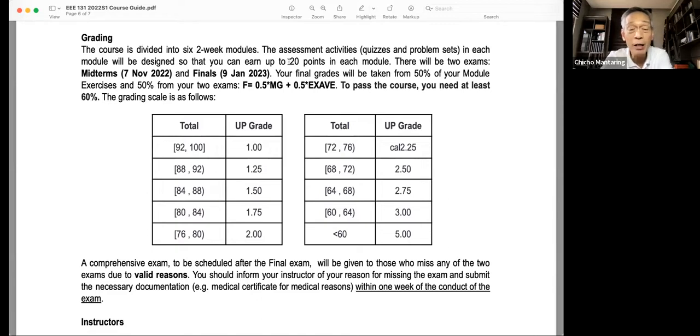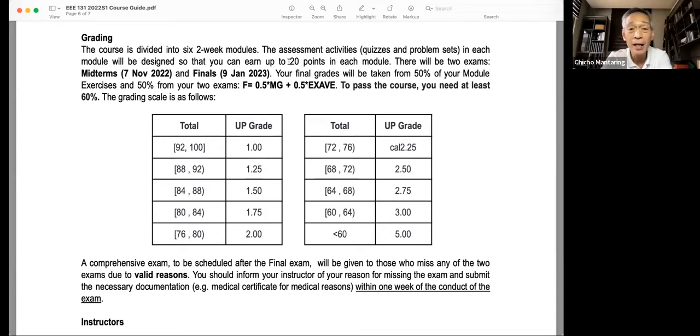The quizzes you take online. There's going to be a time limit for the quiz. The problem sets are offline, but you have to submit them through UVLE. And for this module work, you can earn up to 20 points per module. So for the 6 modules, that's going to be a maximum of 120 points.